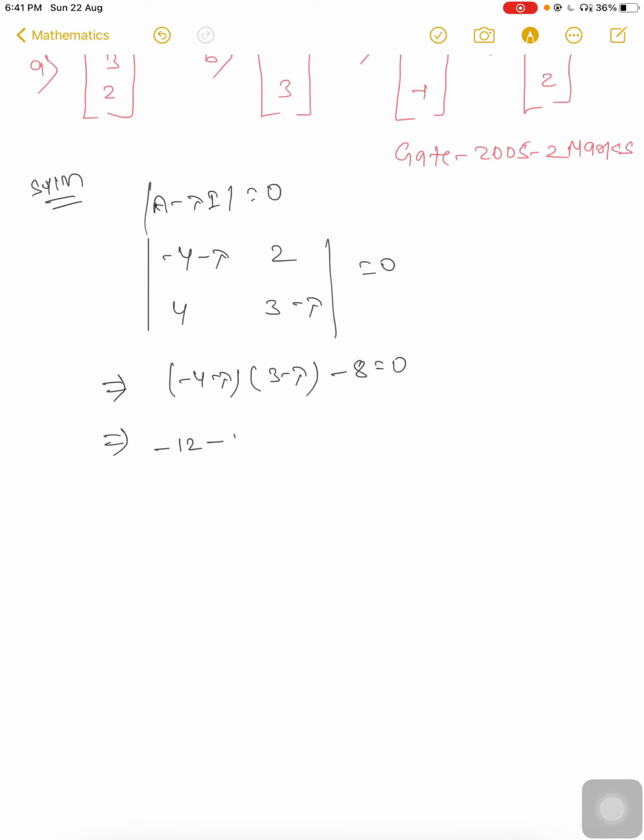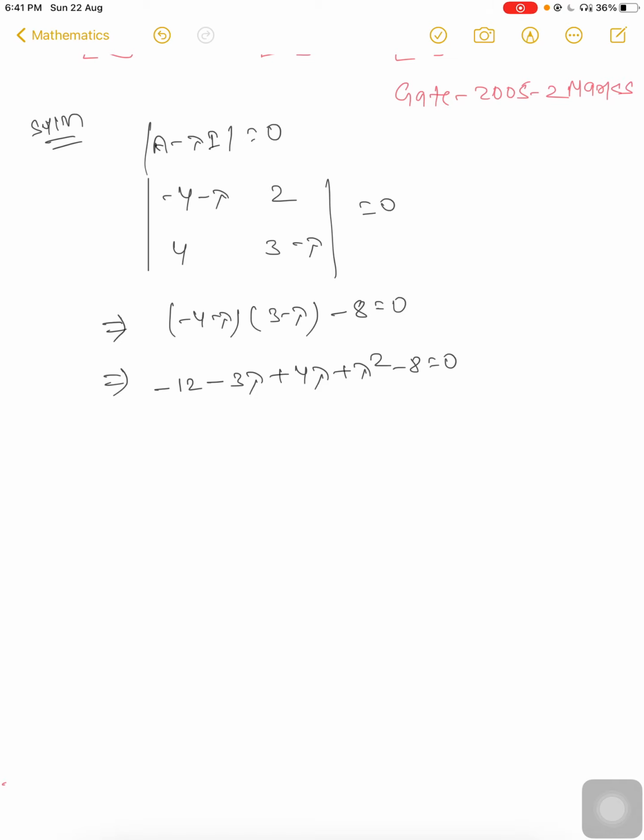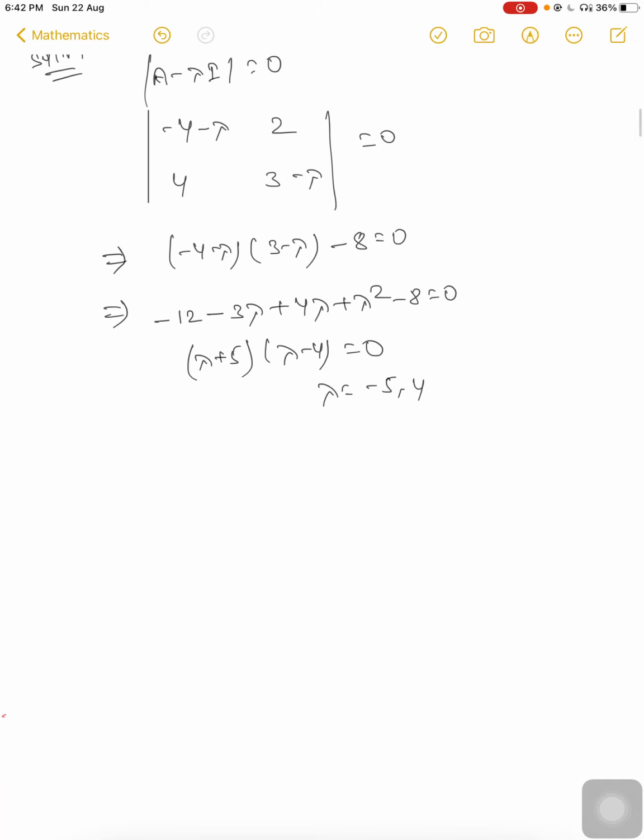After that, minus 12 minus 3 lambda plus 4 lambda plus lambda square minus 8 is equal to 0, and you will get lambda plus 5 or lambda minus 4 equal to 0. Lambda is equal to minus 5 and 4.